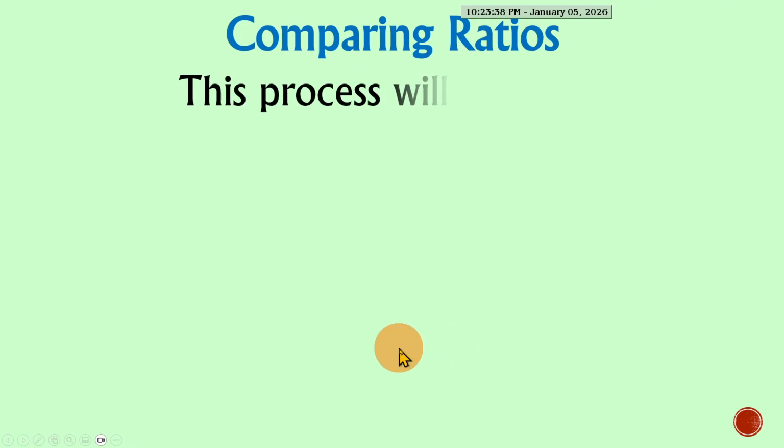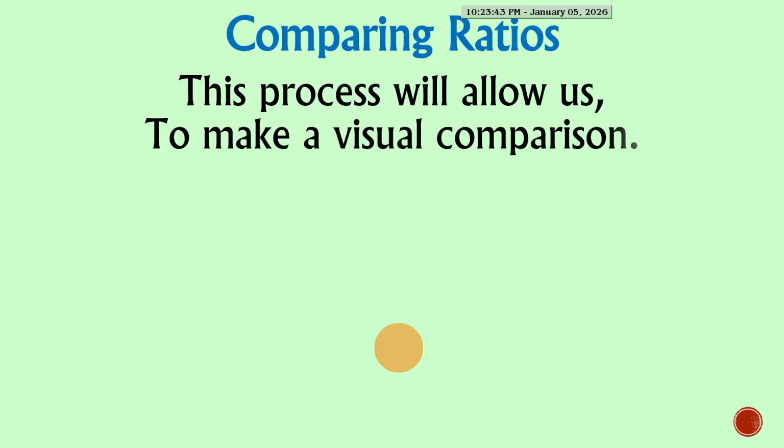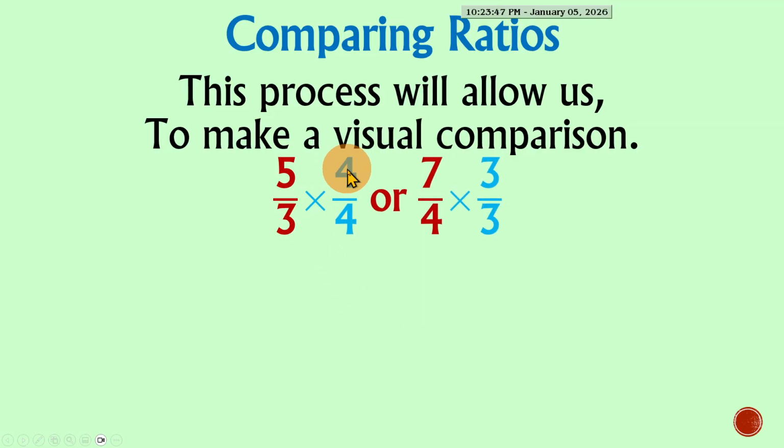So let's look at what happens here. When we take the 5/3 and multiply it by 4/4, it's going to give us 20, and this one here is going to give us 21, because here you put in the 3 over the 3 and the 4 over the 4.